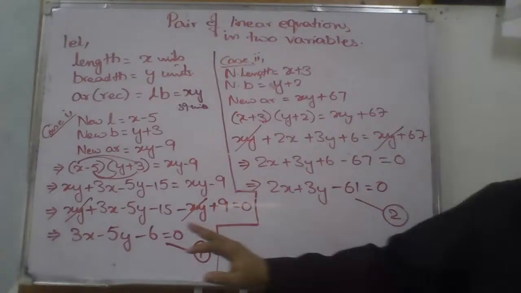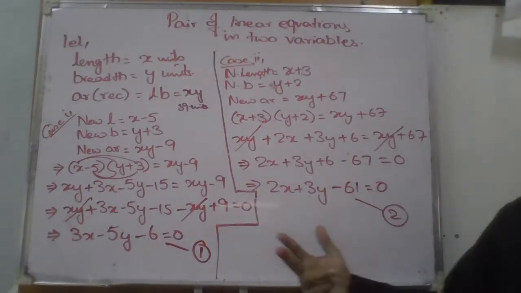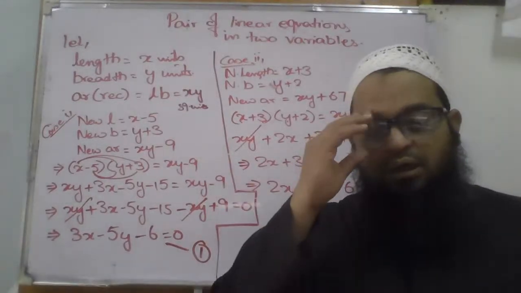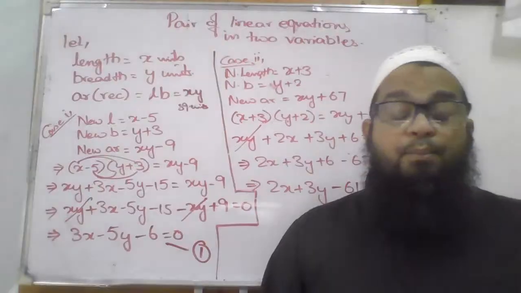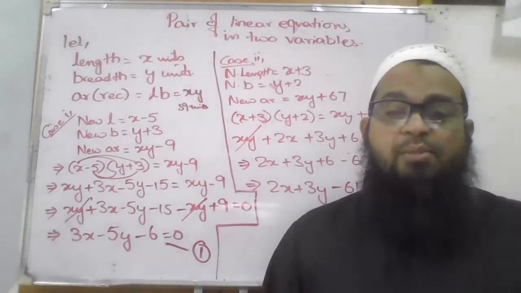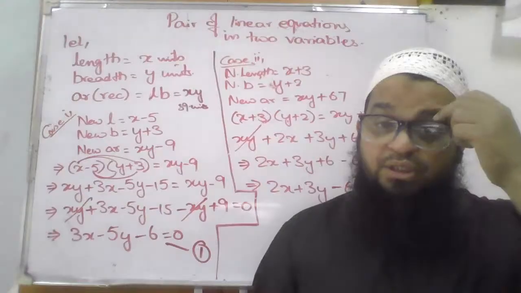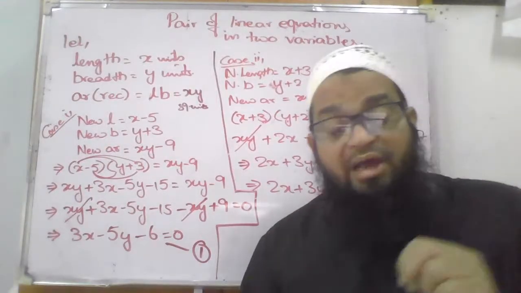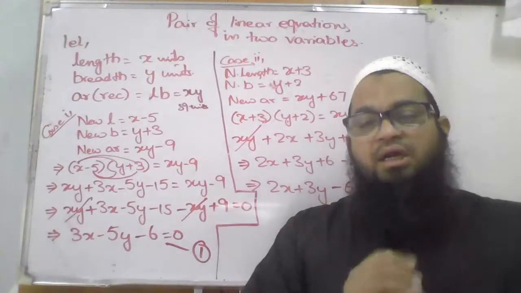Now, is it a question of quadratic equation or pair of linear equations? Pair of linear equations. Whenever you get two situations, 90% it will be a pair of linear equations in two variables, and in some situations they give you two situations but when you solve it, you get a quadratic equation.